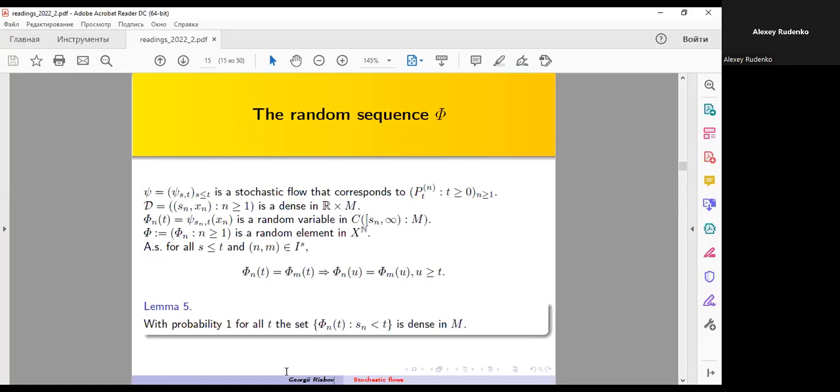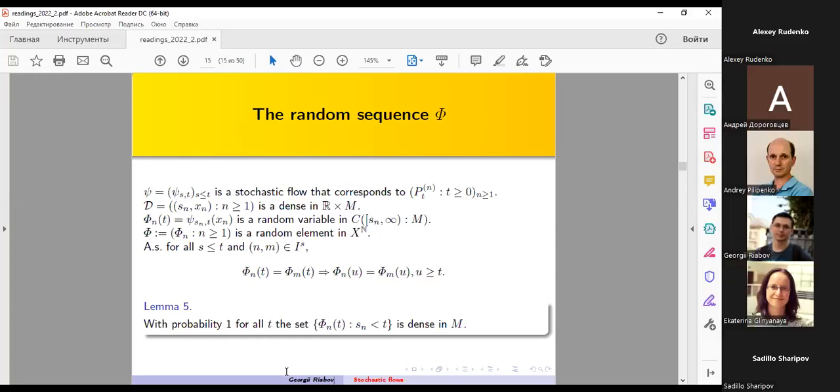Actually, I will take them starting from a dense set in R times M, and look at these trajectories as random variables in our space X. So the sequence will be a random sequence in X, and with probability 1, for all s less than t, we have the coalescing property.